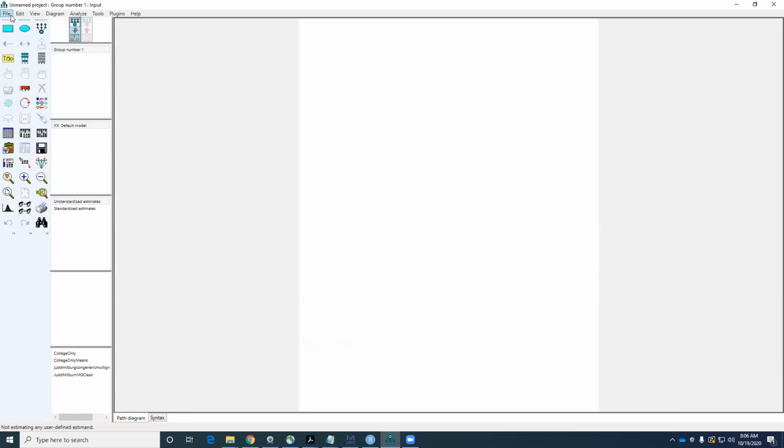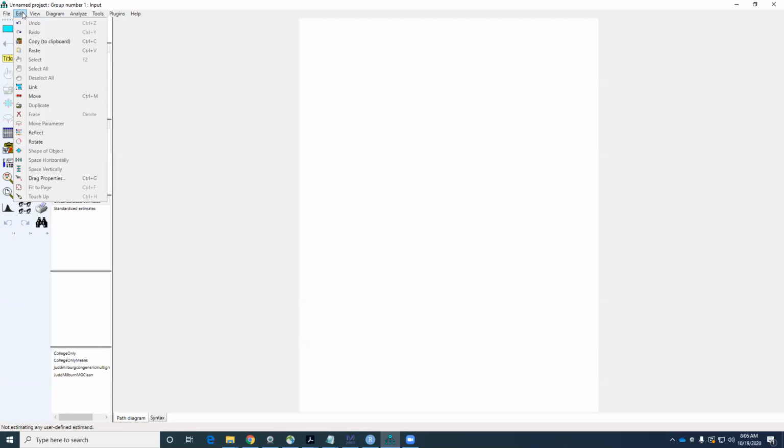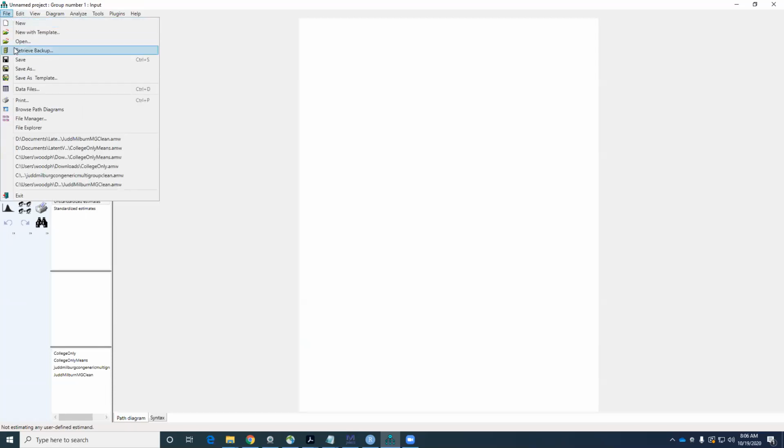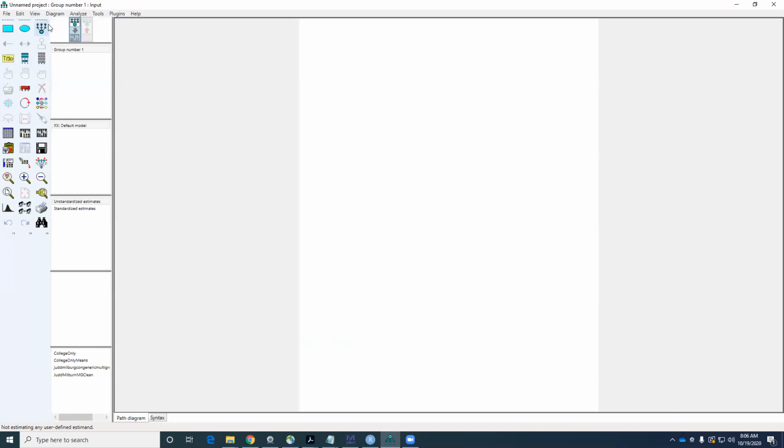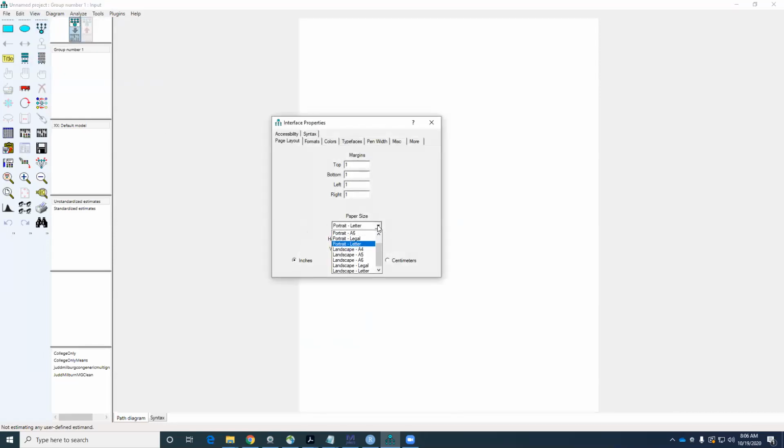Let's just consider the interface. I want to make this landscape just because that looks better.